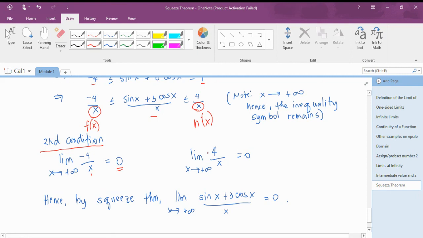So, yung limit naman ng h of x natin, similar lang din. So, 4 over x, si x, lumalaki yung kanyang value. So, kapag lumalaki yung kanyang value, yung buong fraction natin, palapit siya ng palapit doon sa 0. Kaya ibig sabihin, yung limit ng buong fraction ay equal sa 0.